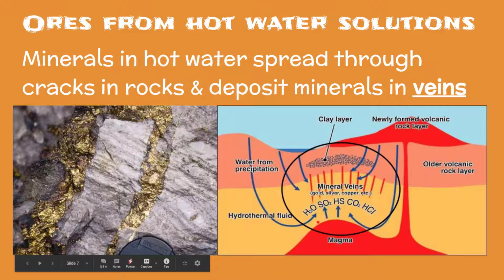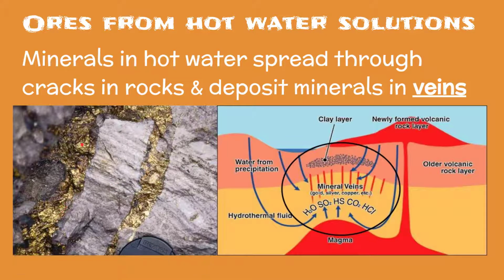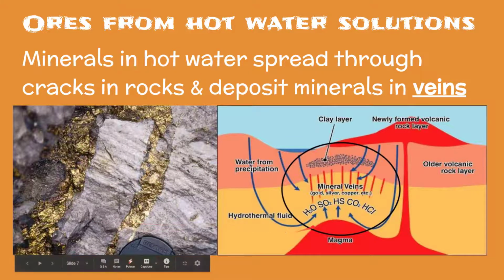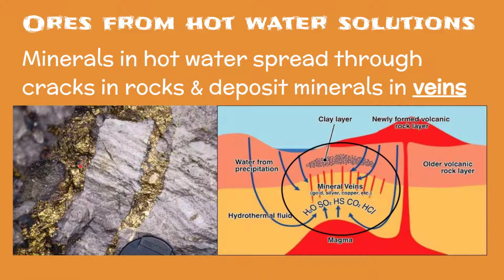And again, water, when it's moving really fast, it dissolves rock. And as a result of that, you can see these veins right here. These veins of gold, you guys, are the result of gold being forced through these cracks because of hot water, carrying that at high speeds.